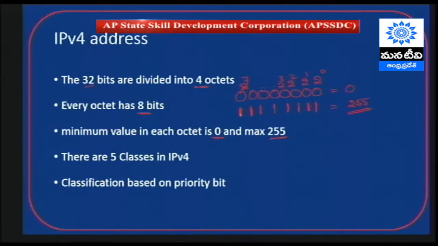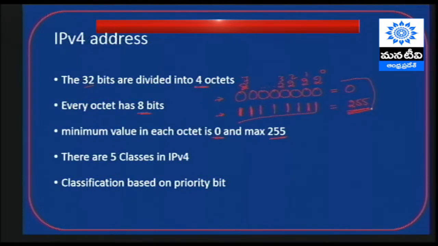If you multiply 2 to the power of 7 into 1, 2 to the power of 6 into 1, and so on up to 2 to the power of 0 into 1, and add all these values, we get 255. Anything multiplied by 0 will be 0. So in one octet the minimum value is 0, and the maximum value is 255.